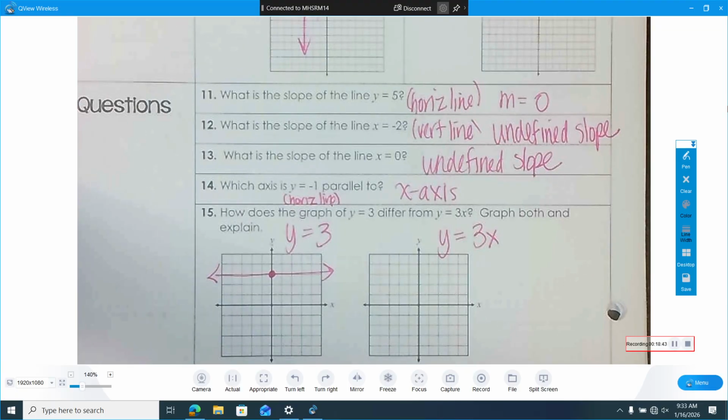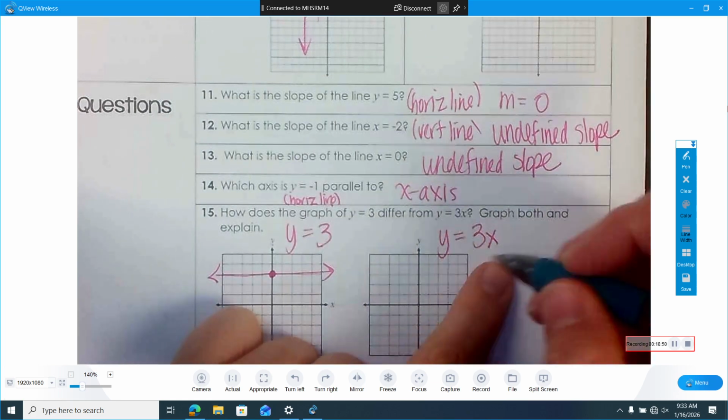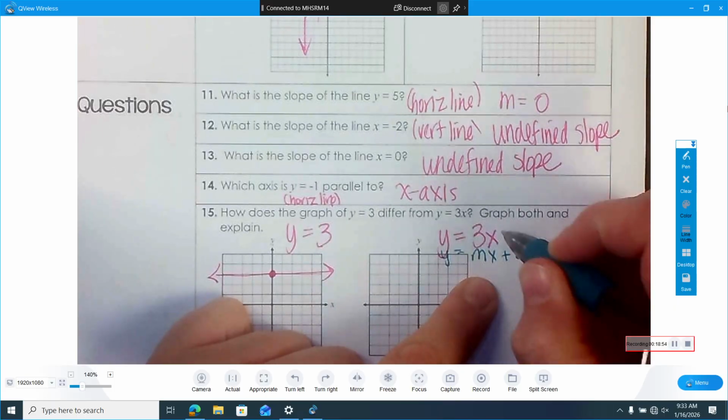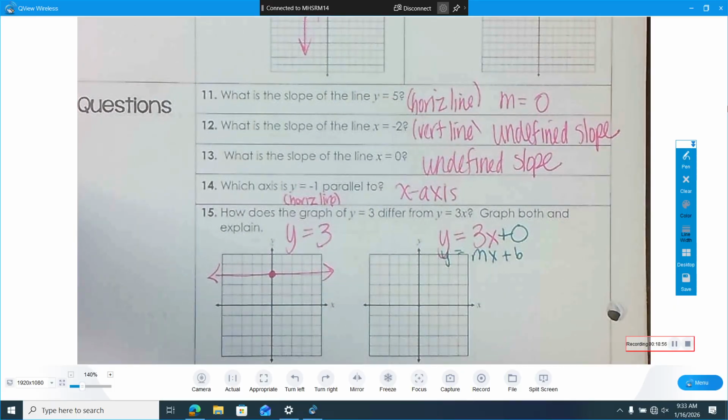Very good. There's something missing here. So we can think about it in y equals mx plus b form, but we're missing that thing on the end. So I can put in a placeholder of a plus 0. So now that we've filled in the y equals mx plus b, where do we begin?